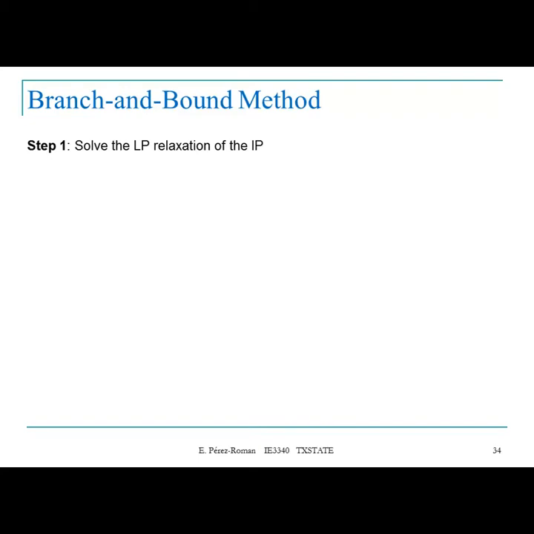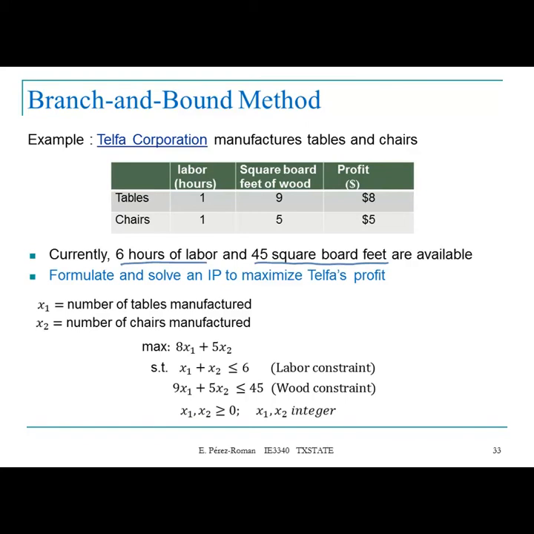Solving the LP relaxation. I said it in the previous lecture, but in case you don't remember, you can always solve the IP model relaxing these constraints. So you can solve it using the LP method, and at the end you will get fractional values.